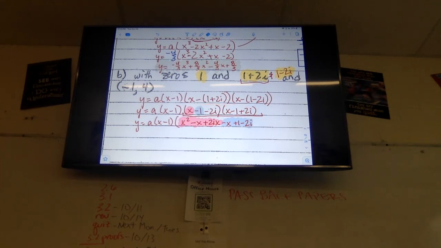And last, I'm going to multiply everything by -2i. -2i times x is -2ix. -2i times 1 is plus 2i, and then -2i times positive 2i is minus 4i squared.